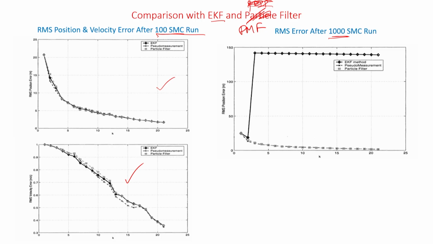In the 10 lakh Monte Carlo runs, it has been seen that the pseudo measurement filter and particle filter stay stable, but EKF started diverging multiple times. That is why, when you are studying the convergence of a nonlinear filter, you must use Monte Carlo simulation and plot either the RMS error, the error standard deviation, the error variance, or the normalized residual error square; that also can be plotted.